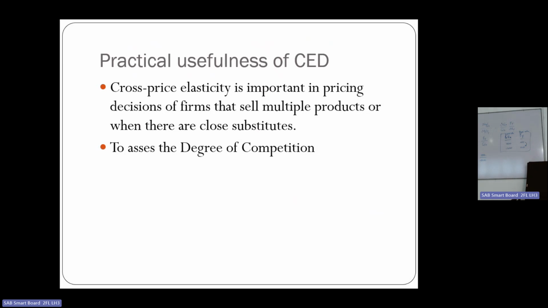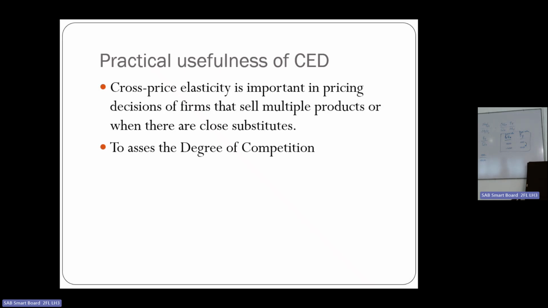But in this case, we must be very careful with the sign. Based on the sign, we are going to take a decision and explain the nature of the product. If it is positive, substitute; if it is negative, complement.